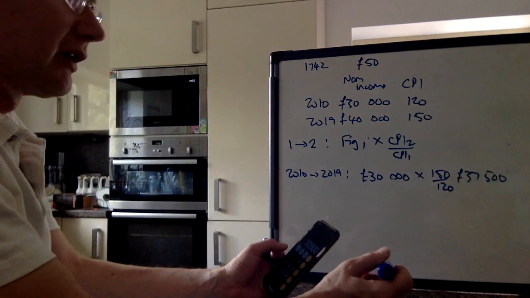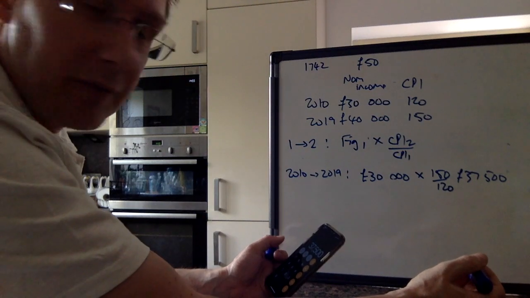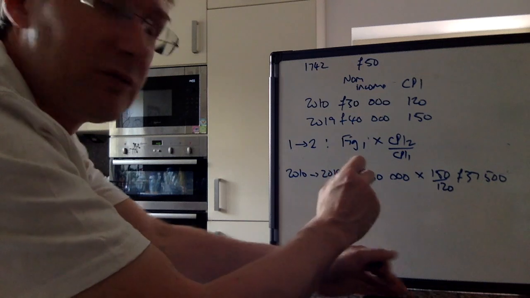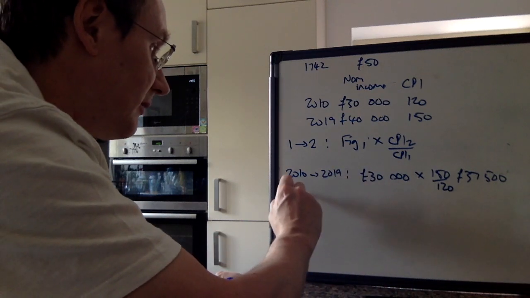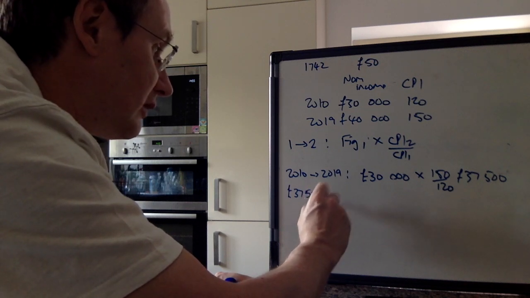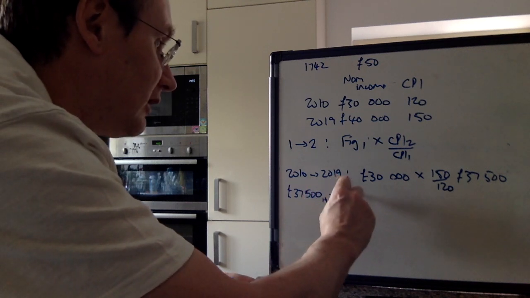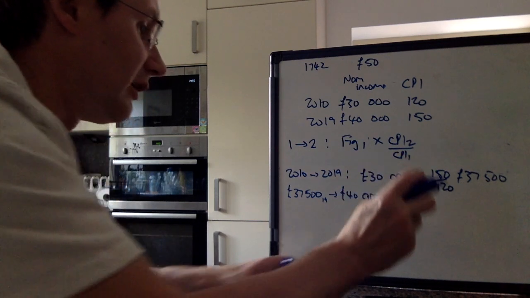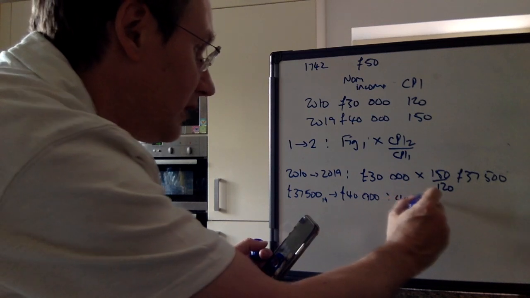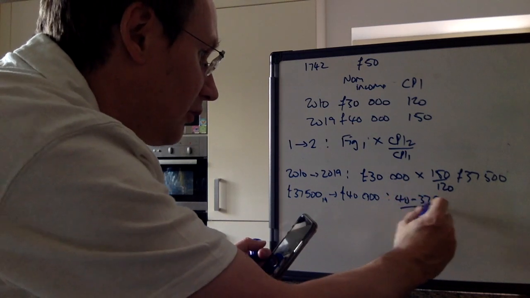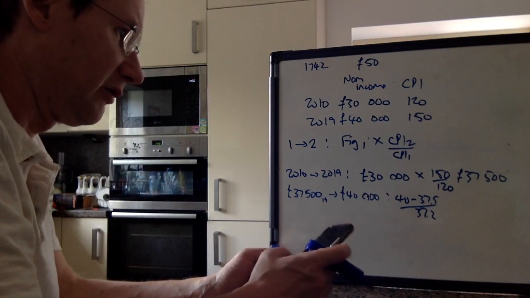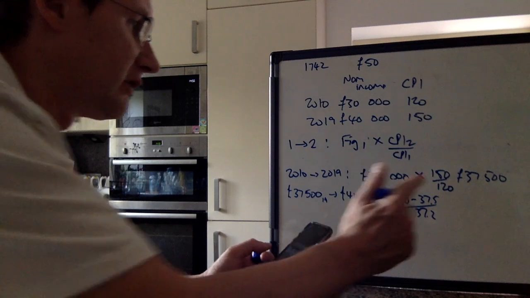So 30,000 quid in 2010 is the equivalent of 37,500 in 2019 terms. Today, I actually earn £40,000, and therefore my income has gone up by, the percentage change is 40 minus 37.5 compared with 37.5, which is 2.5 divided by 37.5, equals 6.7%.